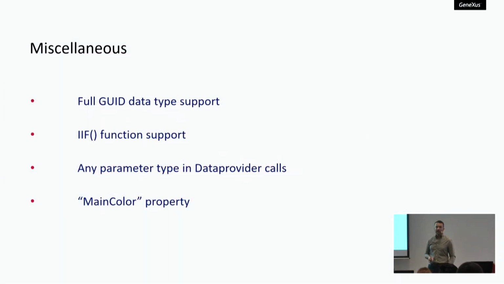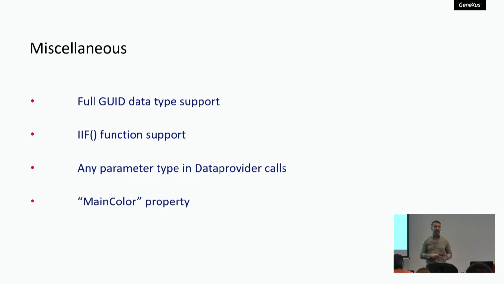Now, what other things are there in relation to reporting that we've added since the last event? Well, these weren't shown in the example, but we have full GeneXus data type support. We have to define the type of parameters for a dashboard to issue filters. Something that has also been asked quite a lot is to use the IN function.